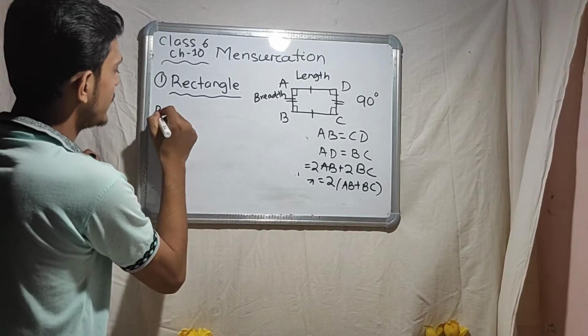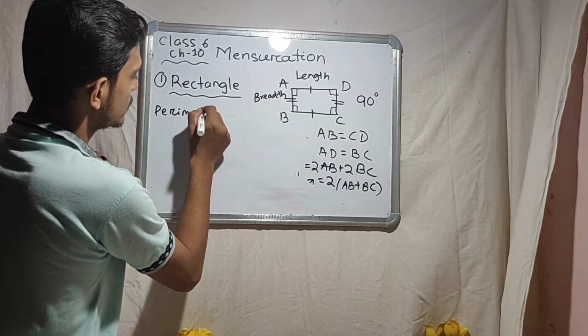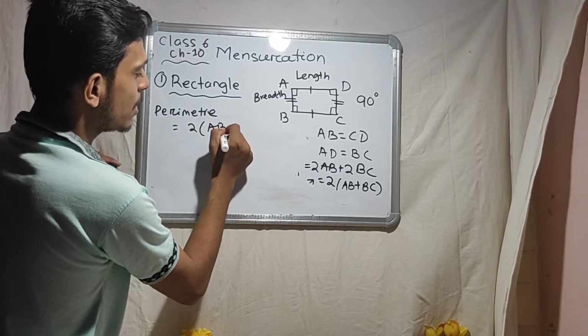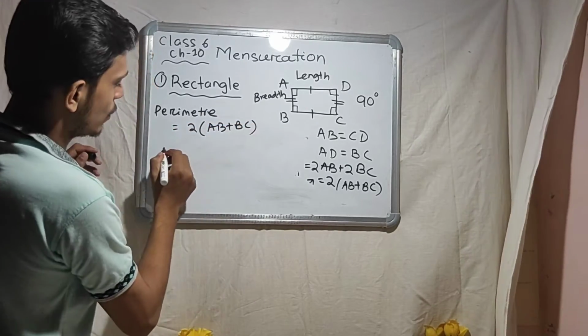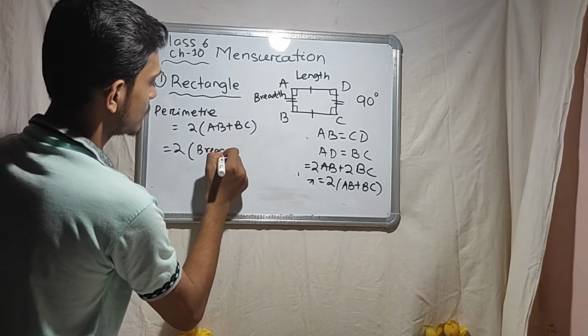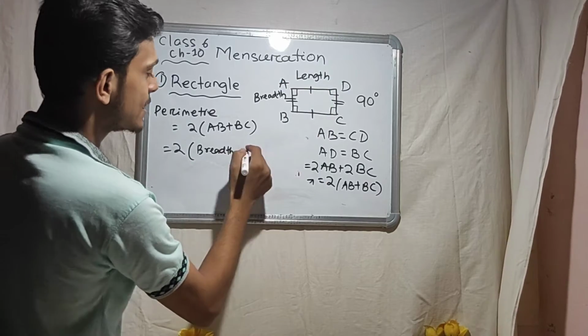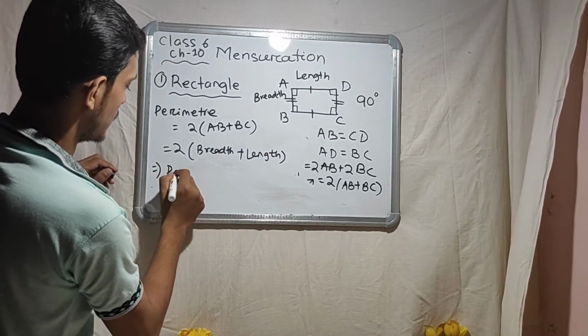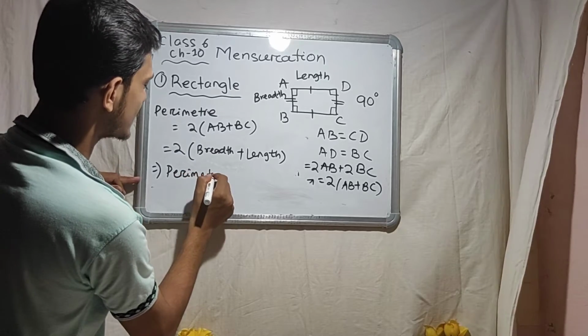So perimeter is equal to 2 multiplied by (AB plus BC), yes or no? But what is AB? AB is the breadth, and BC is the length.